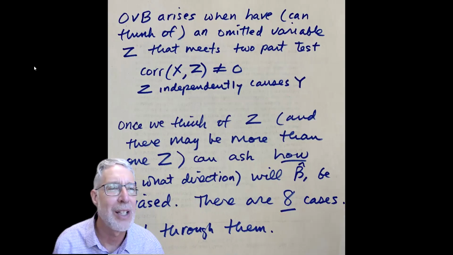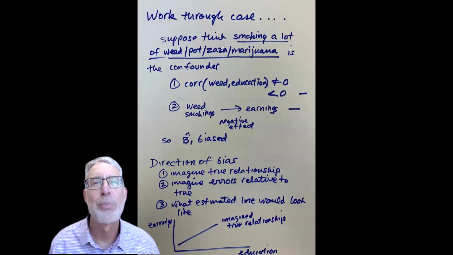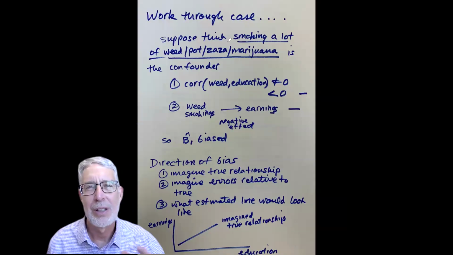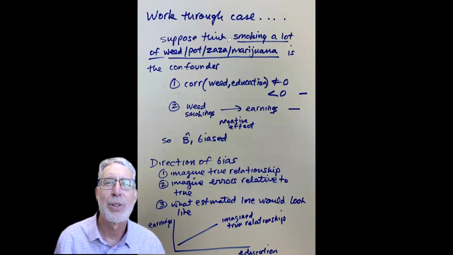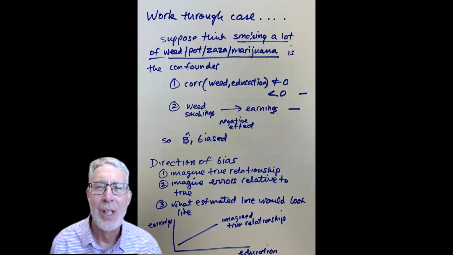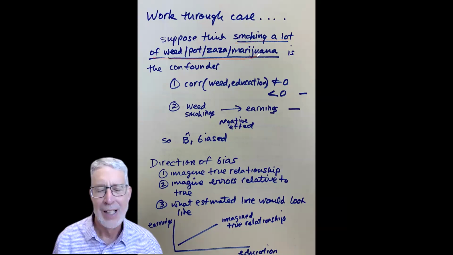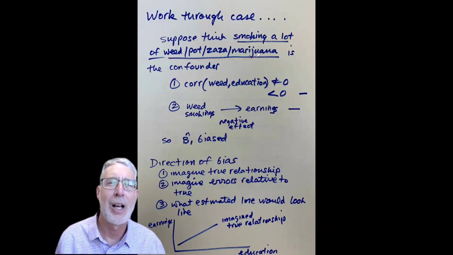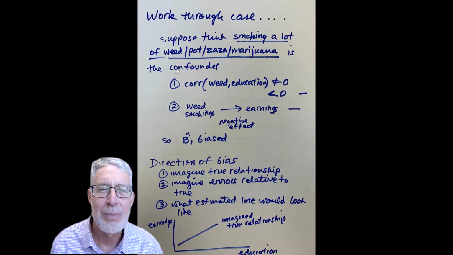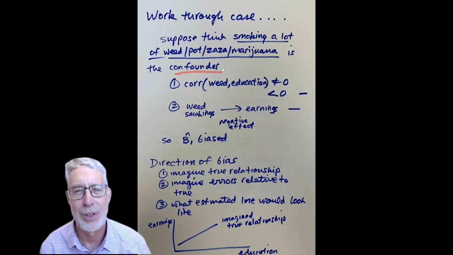So in this case, we'll think of the omitted variable being maybe, since most of the viewers of this are probably university students who recently finished high school, so there's a lot of kids who smoke a lot of pot, weed, or whatever you want to call it, or they take a lot of gummies and they're walking around high all the time. So let's imagine that that's the confounder.